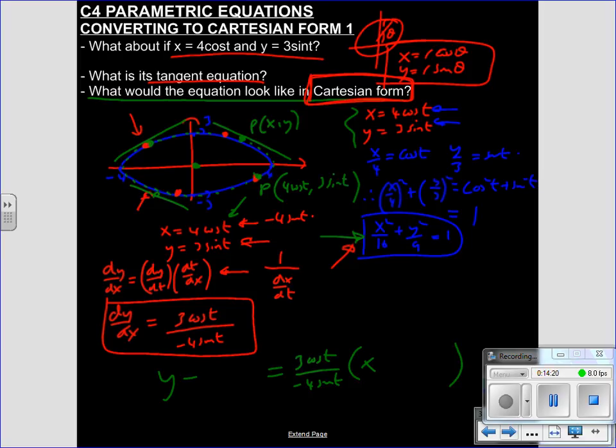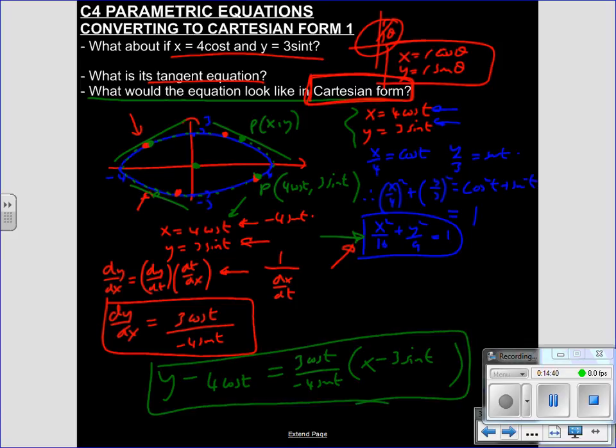So unless I've been given a specific value of t or an x or y value as a point, I can just put in the general version of my point, where p is x, y, but x and y are described in terms of t.